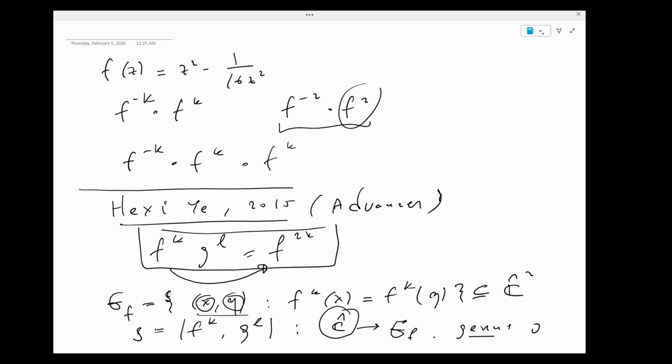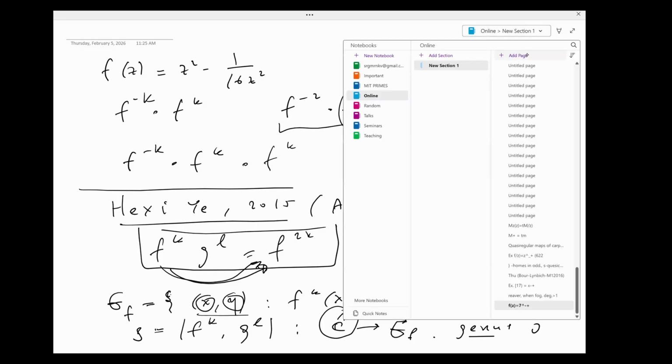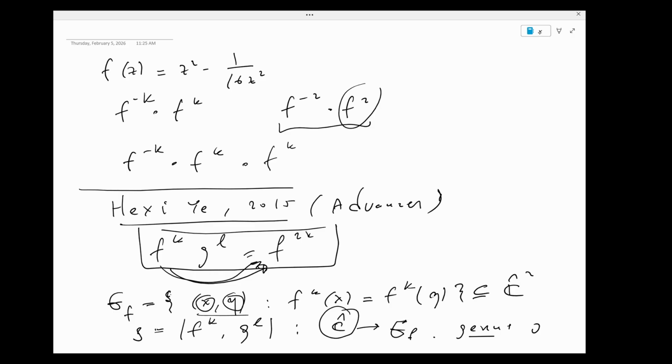That would mean that you can actually put this fk to the right, and there's a Möbius transformation there. Anyway, I don't really want to go too deeply into this algebraic geometry, but I do recommend this paper. Whoever is interested, it's Hengxi, and I think the title is something like when do two rational functions share the same measure of maximal entropy.